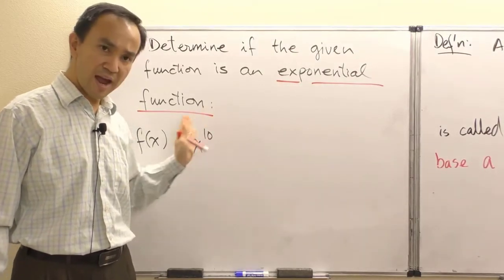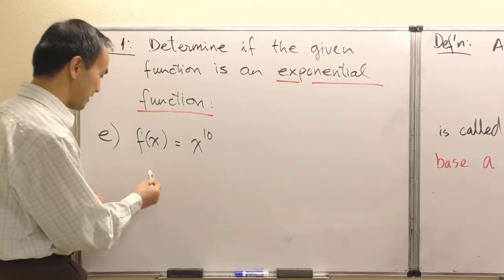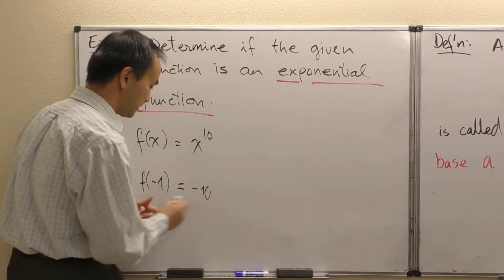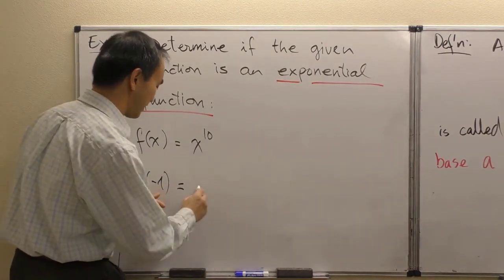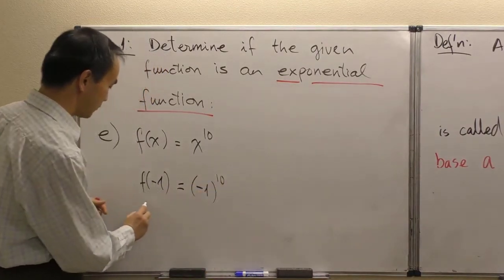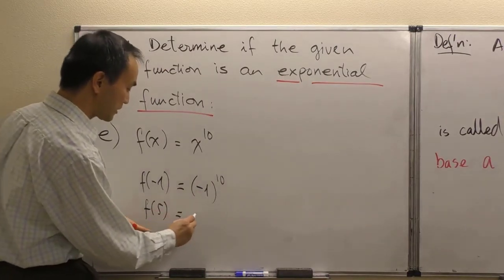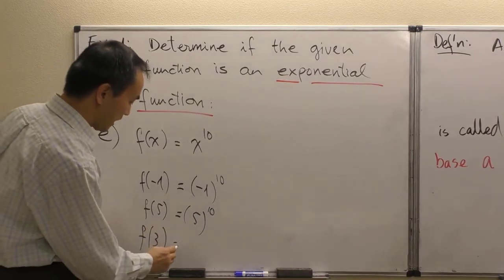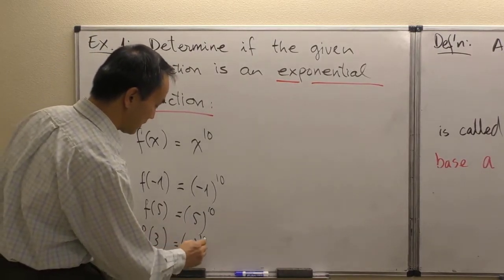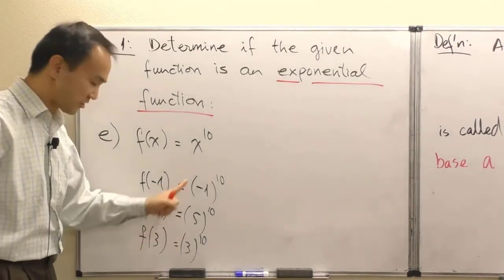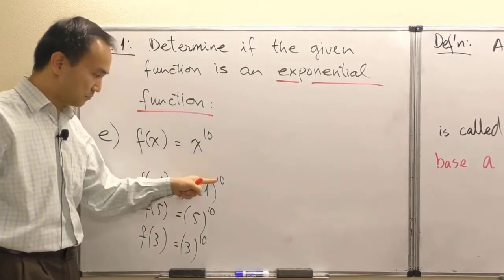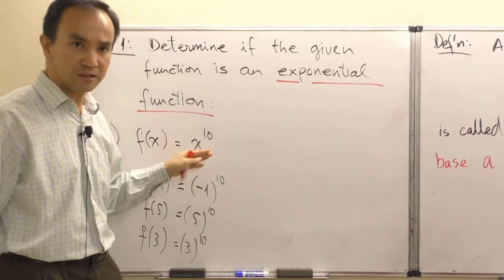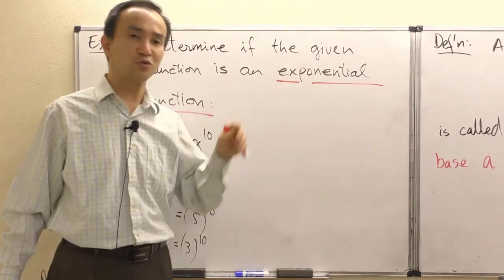So in the way this function is defined, we change the input to a different value, and the base is changed depending on the input value, but the power, once it's defined and given, stays fixed. So this function is clearly not like those we had in the definitions.